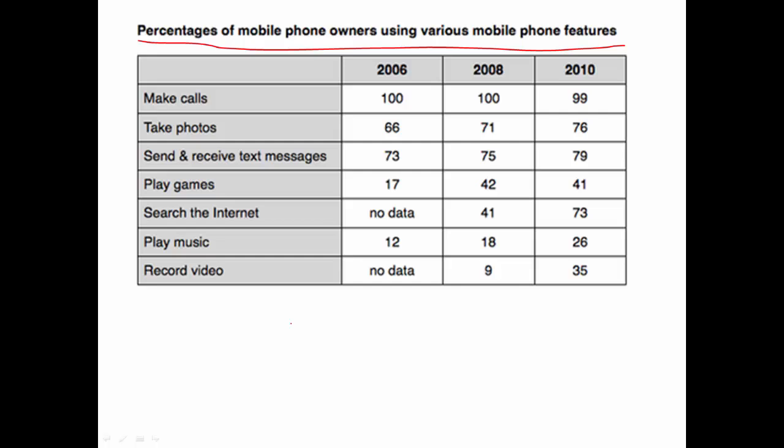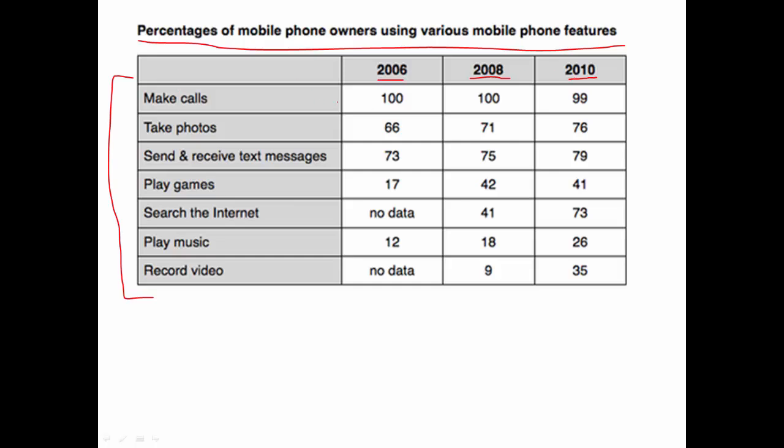Okay, so here are the features. So these are the different reasons why people use mobile phones. And then it's over 3 years. So it's not over a long period of time. It's just 3, so 2006, 2008, 2010.